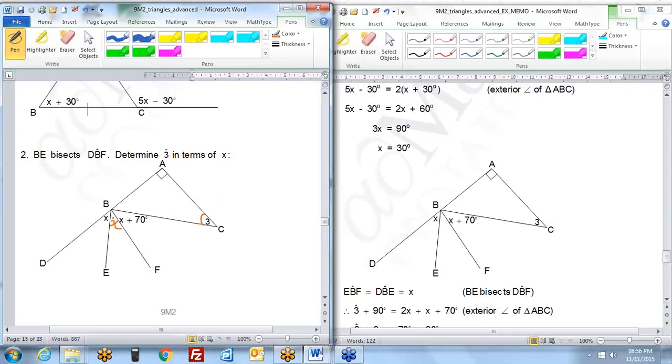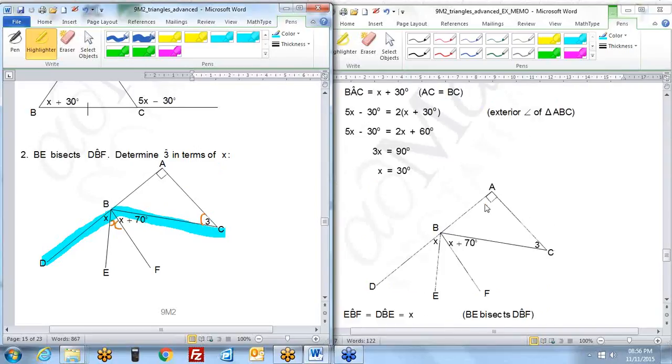So now we're going to say the exterior angle of triangle ABC will be angle DBC. In other words, it will be x plus x plus x plus 70 will be equal to 90 plus angle 3. And they want you to determine angle 3. So this is how we will go about doing it.